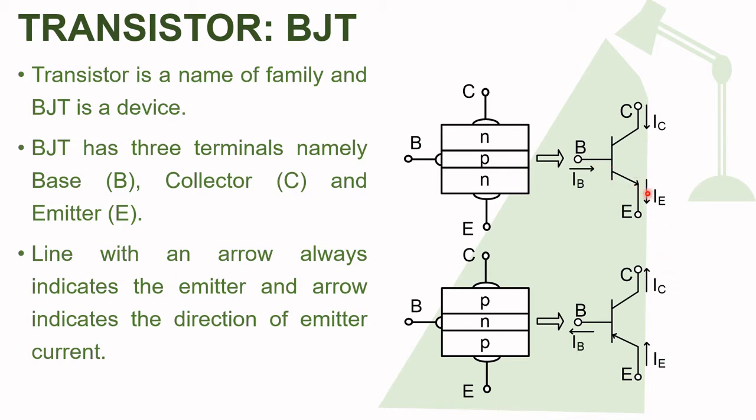So in case of NPN transistor, this is the emitter, and in case of PNP transistor, this is the emitter. The arrow indicates the direction of emitter current. In the symbol, there is no arrow associated with the base or the collector terminal. The arrow is only associated with the emitter terminal.